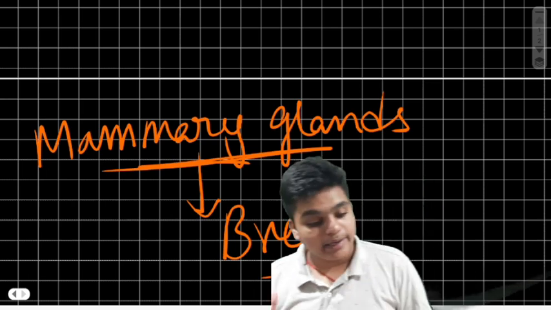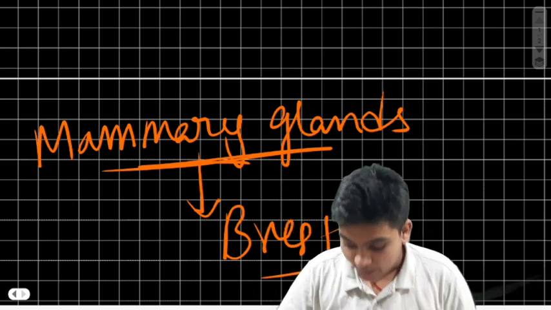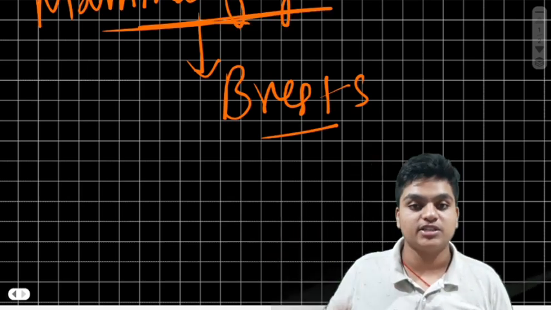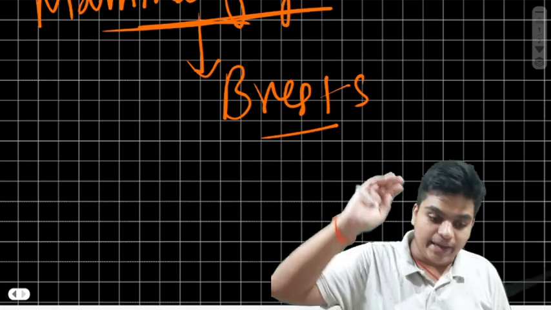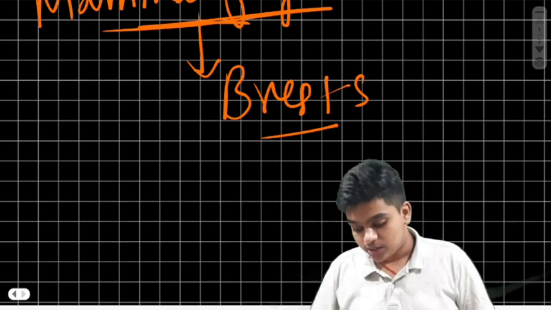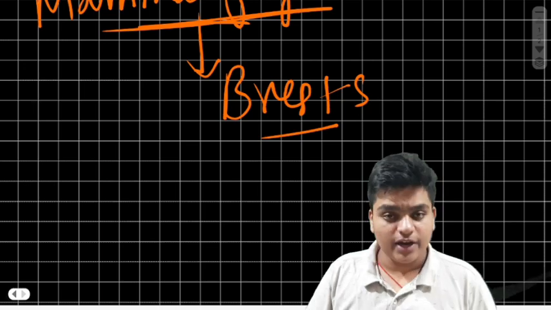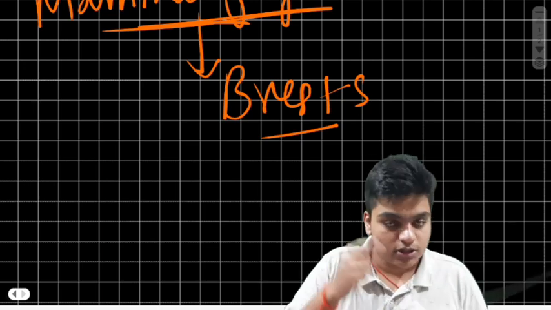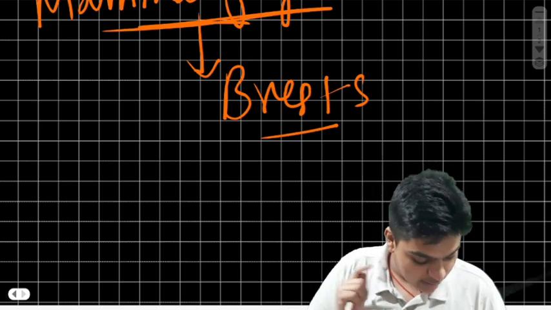There is a high layer of fatty tissue which is deposited here. Understand? Where they are present, they are generally present in the chest region, the thoracic chest region.